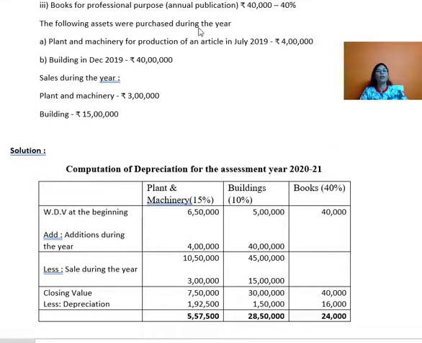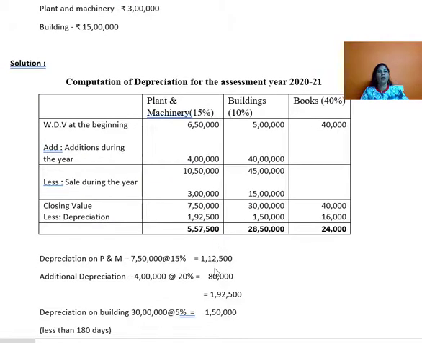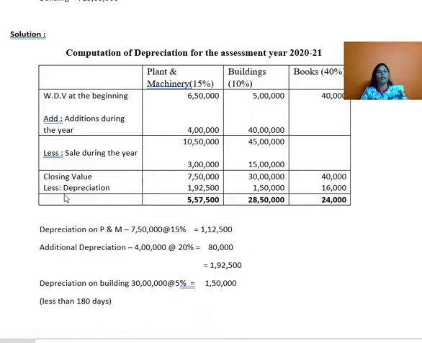The following assets were purchased: plant and machinery 4 lakh and building 40 lakh. Less sale during the year: plant and machinery 3 lakh and building 15 lakh. If we deduct, we get the closing value, and now we have to compute the depreciation.